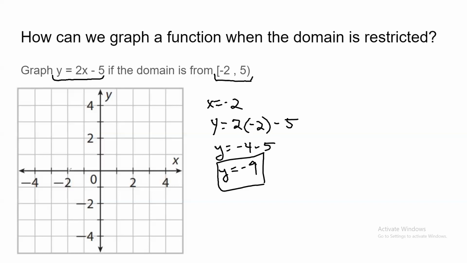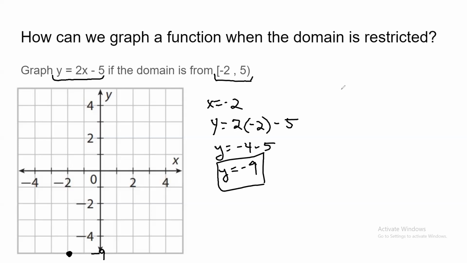So at -2, let's say that's -9. This graph, it will be a closed circle because -2 is included, right? Because it has those brackets. Okay.